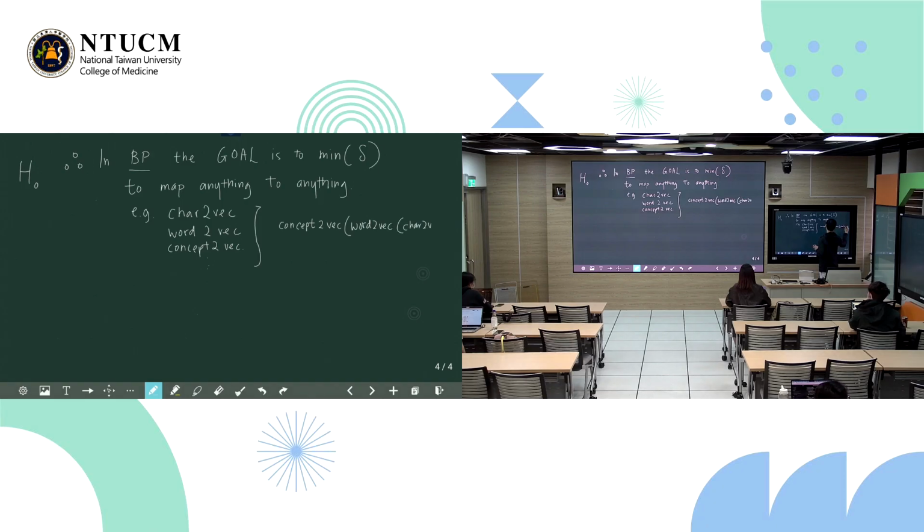Which is essentially what we do. You have your fundamental characters. They map onto some output, whatever it is, doesn't matter. That output you feed to a word to vec, it maps onto another set of outputs, and these sets of word to vec outputs you map onto ConceptNet.